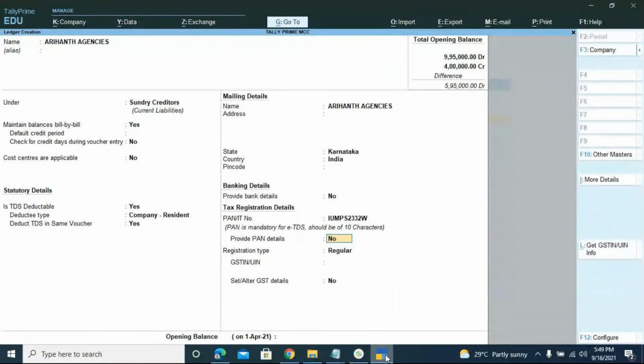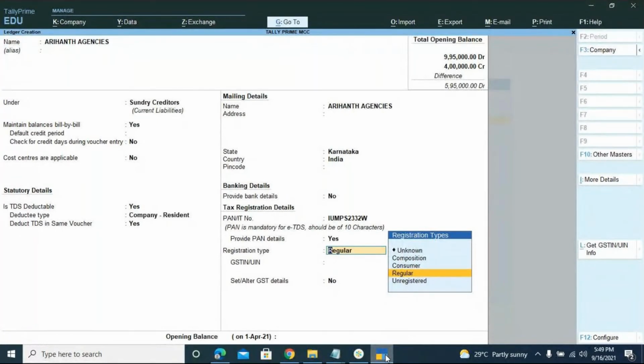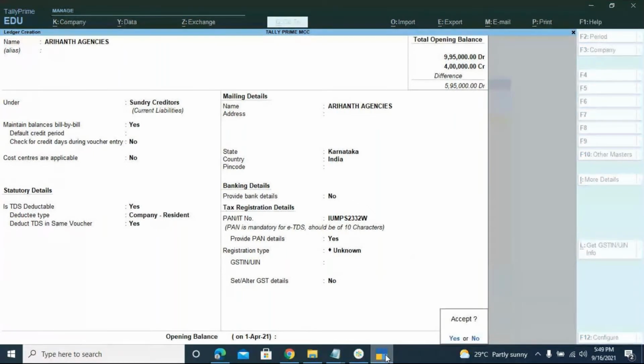Provide PAN details. Yes. So here you get name on the PAN, Arihant agencies. Registration type for GST can give it as unknown. It's not related to the income tax. Or if you leave it like that also, it's fine, not an issue. After that, you can accept the ledger.